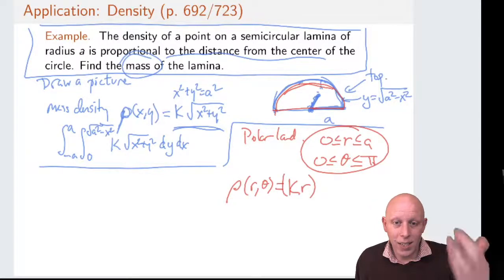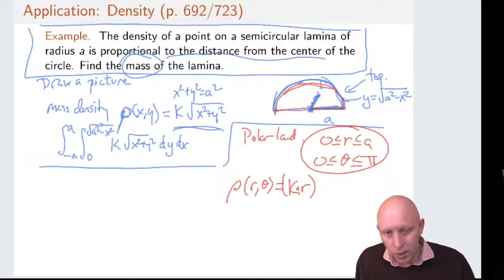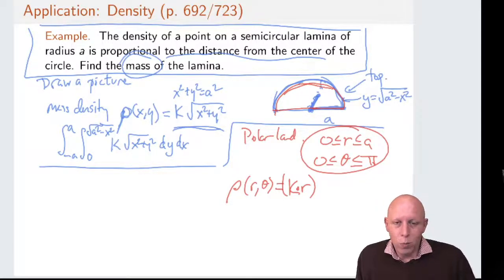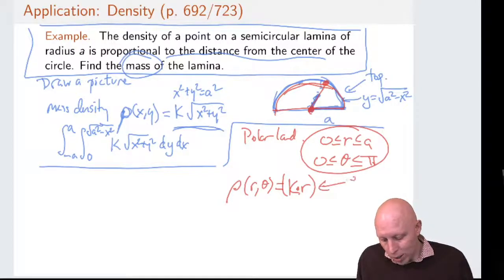So k times r. And so no matter what point you are, when r is 0, there's no mass density. When you're out at the edge, it's k times a. And so this is a much nicer equation for density.